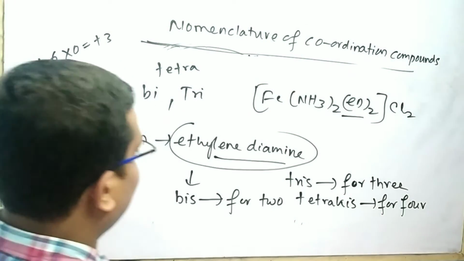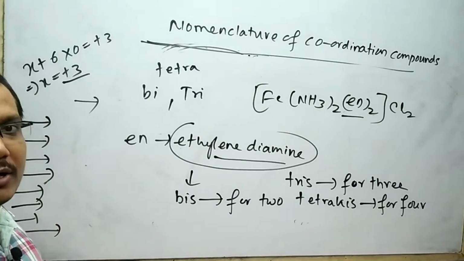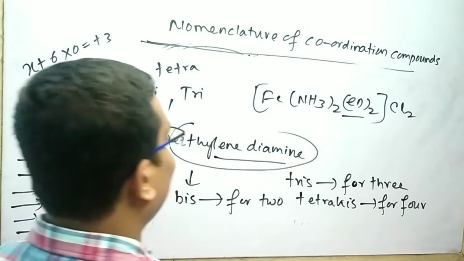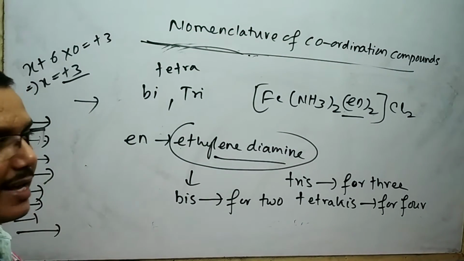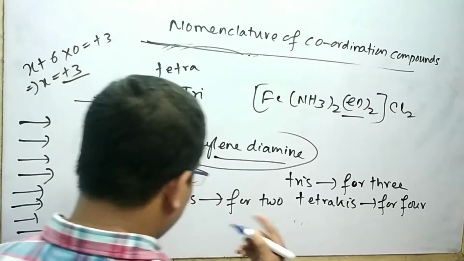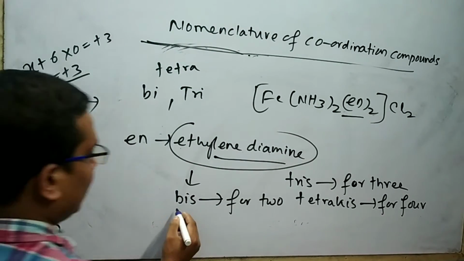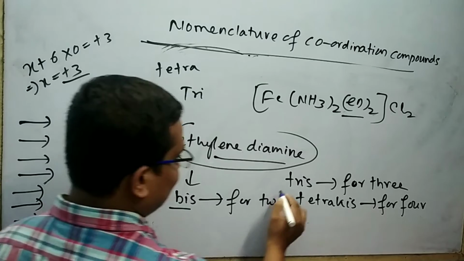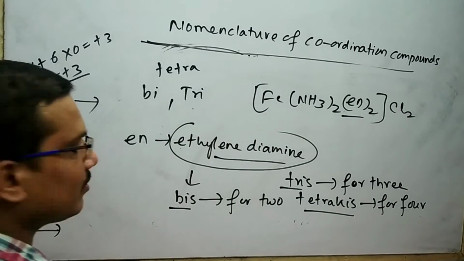Remember an important point: if a ligand contains a prefix like di, tri, tetra, etc., then for such a ligand we generally use the prefix like bis, tris, tetrakis.